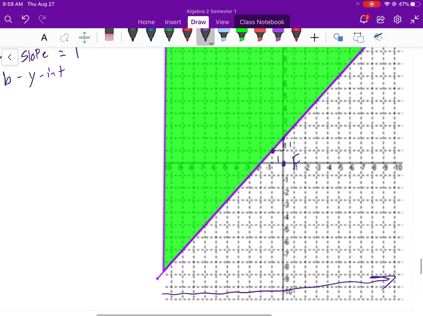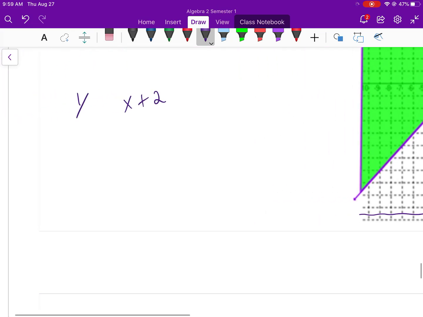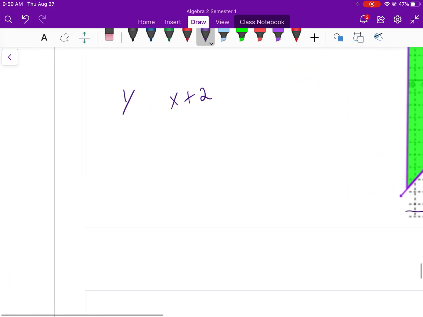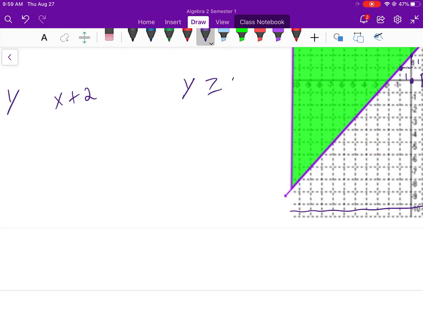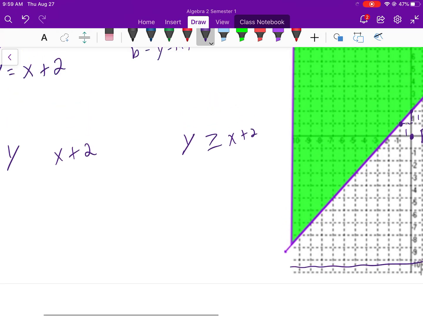So at this point, just pick a guess. I'm going to go with, since it's above, I like the idea of greater than or equal to. So y is greater than or equal to x plus 2. This is just our checking.